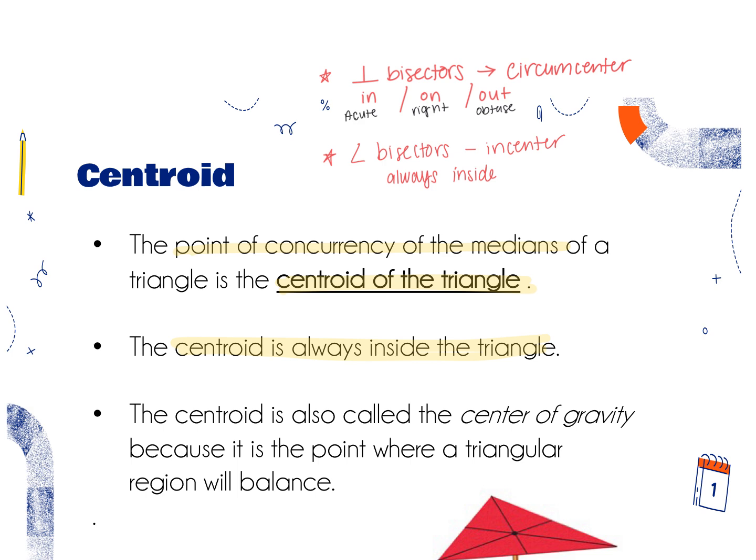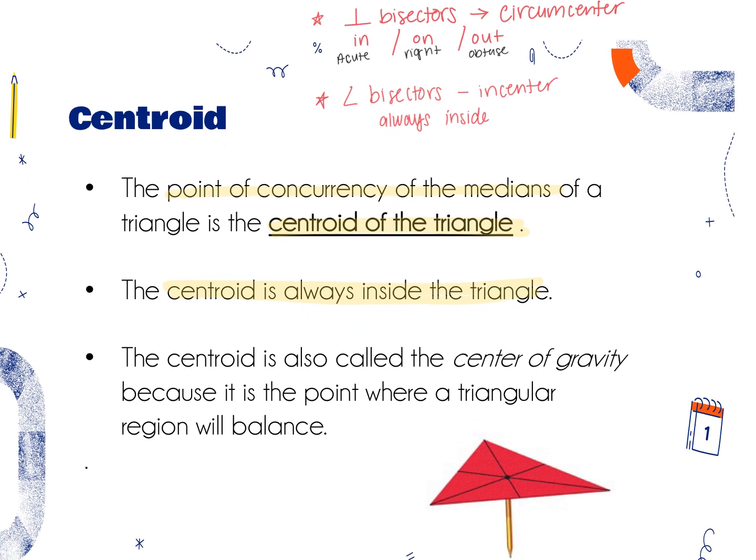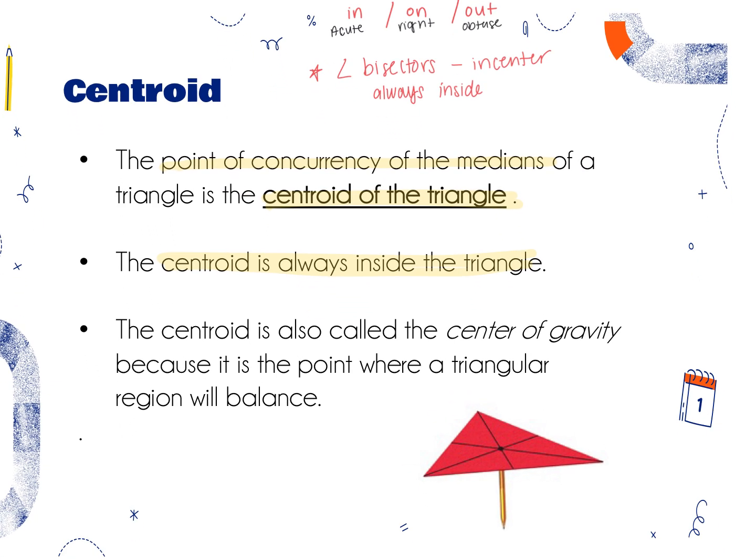Another thing: the centroid is also called the center of gravity, because it is the point where the triangle region will balance. If you put a pencil on that triangle right in the center, it would balance there. The paper wouldn't fall over. Your centroid is the center of gravity.